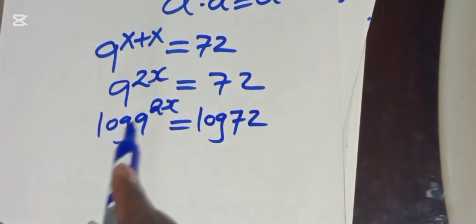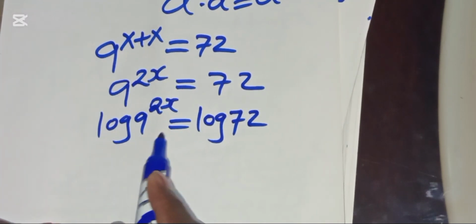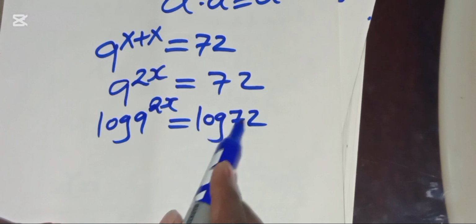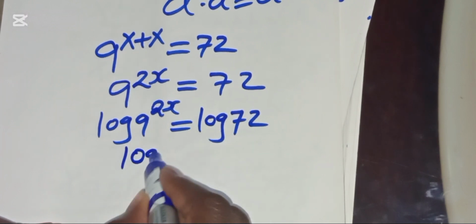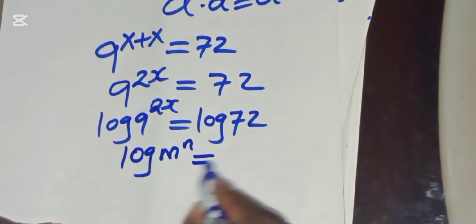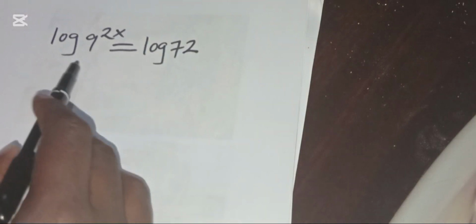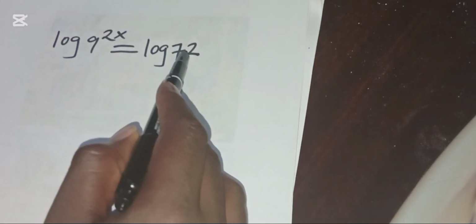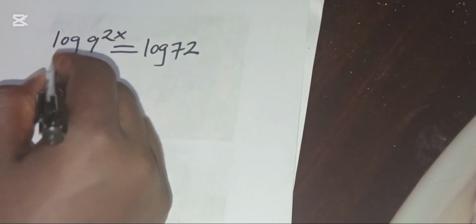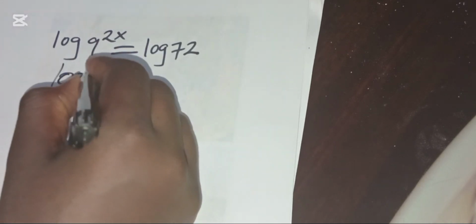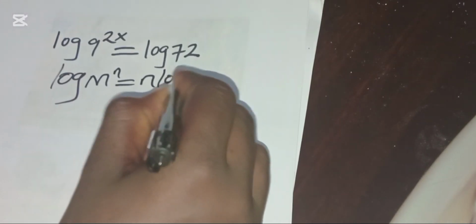Now log 9 to power 2x is in the form of log m to power n, which is n log m. So we'll have 2x log 9, which is equal to log 72.